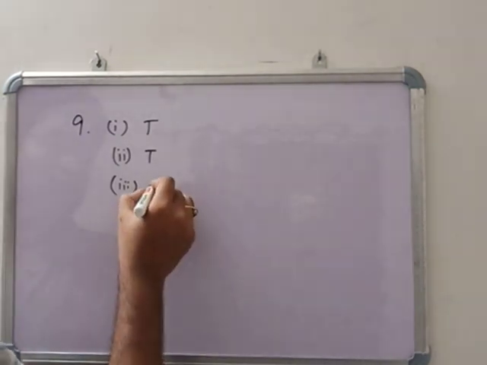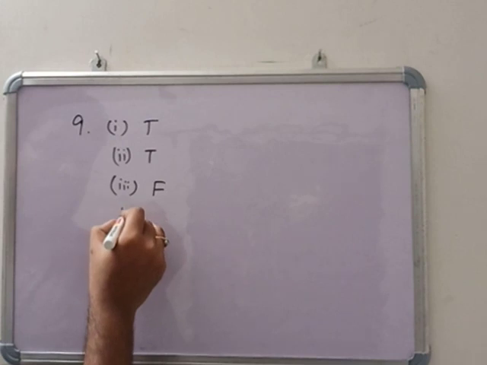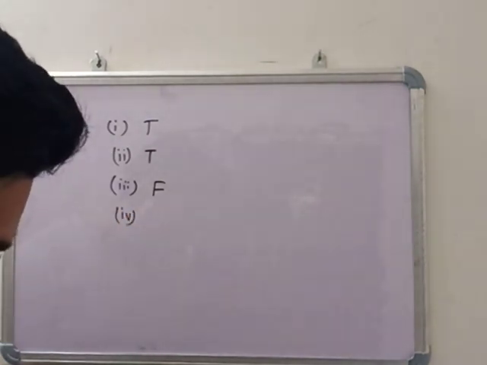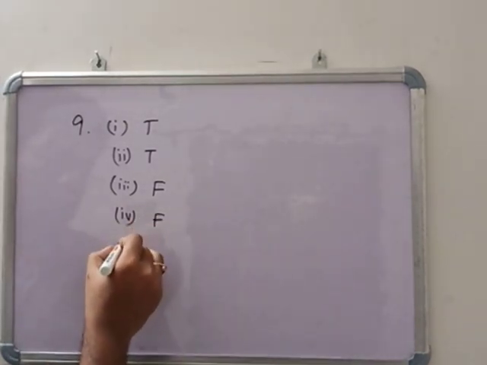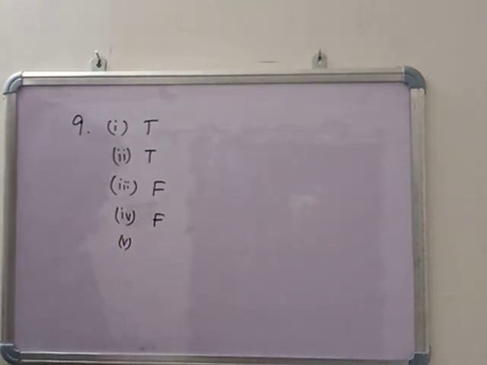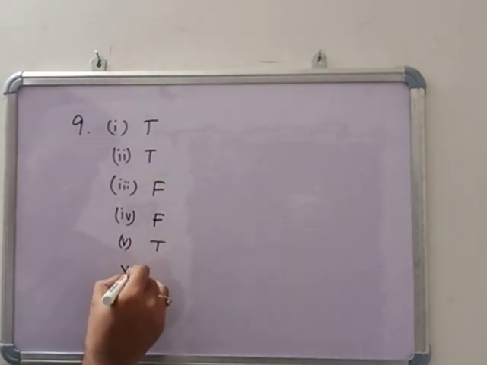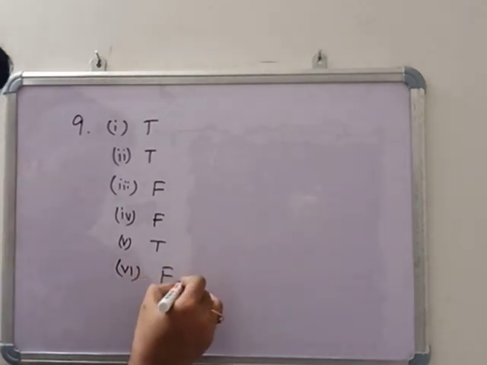No. False. Zero is the smallest positive integer. False. 5. Every whole number is an integer. True. And number 6, the sum of two integers can never be 0. False.